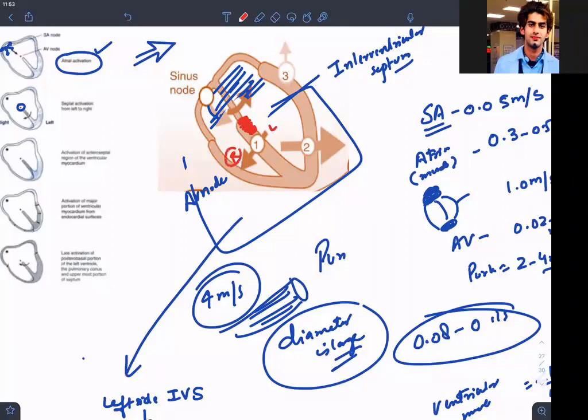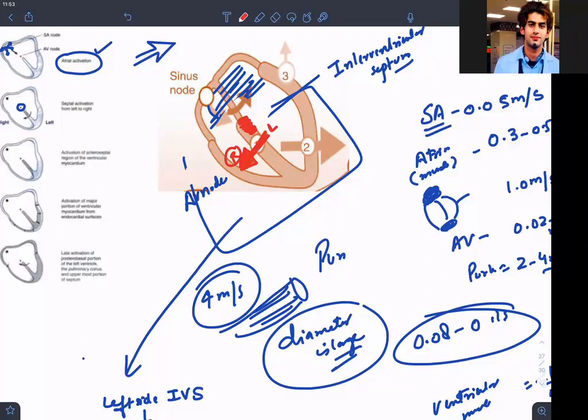Isn't the direction shown? It will depolarize from this side to this side. So there will be left to right, L to R, depolarization in the middle part of the septum.